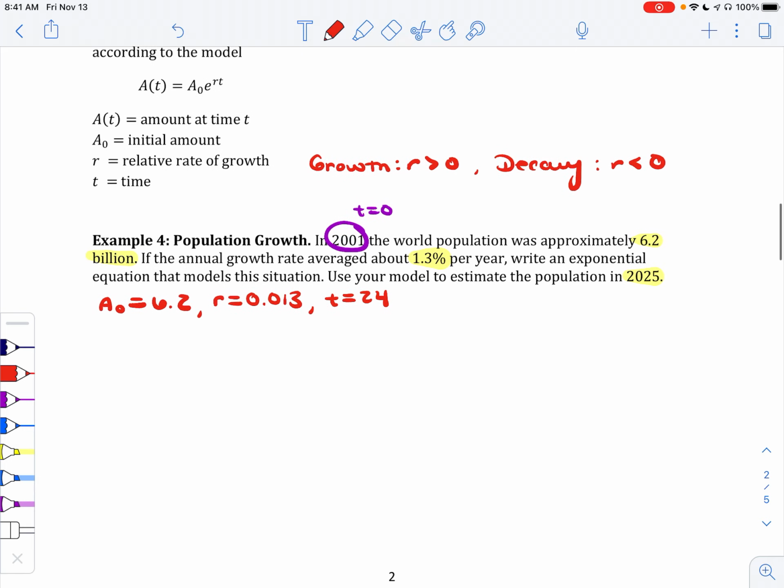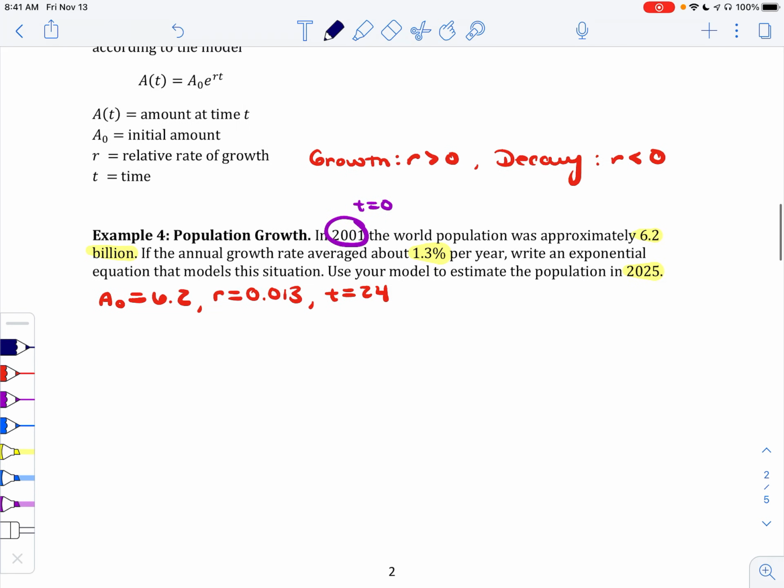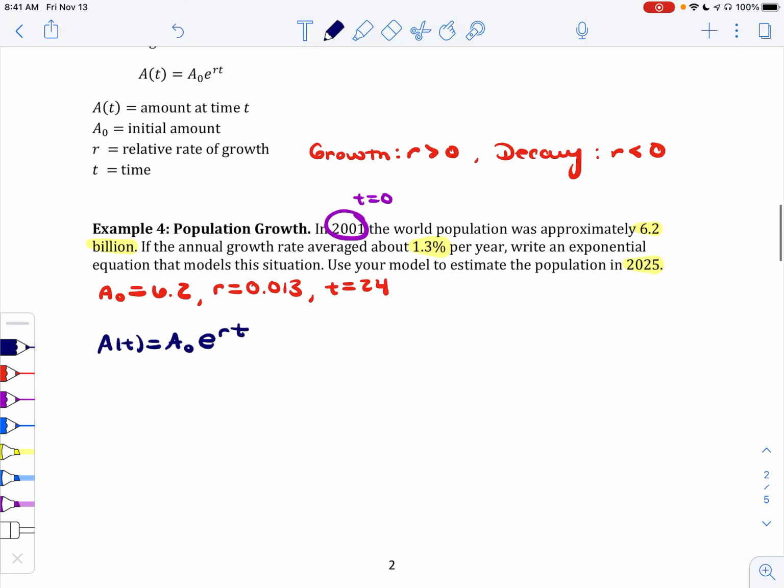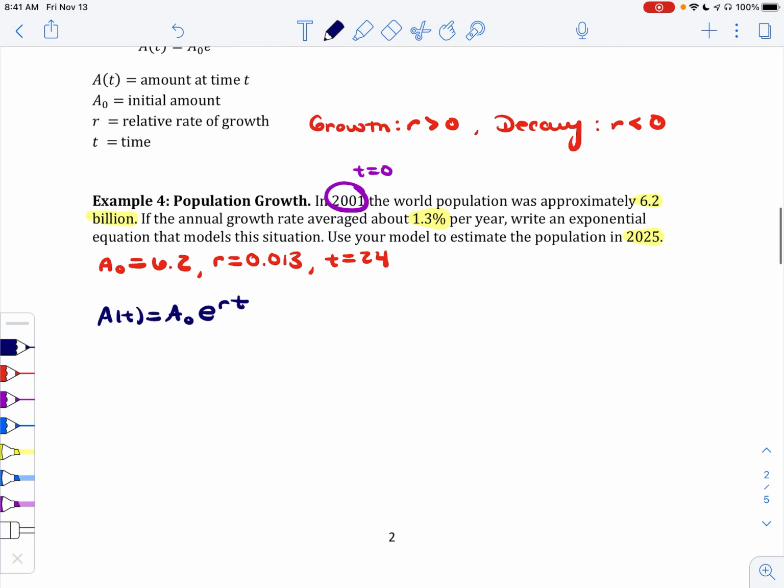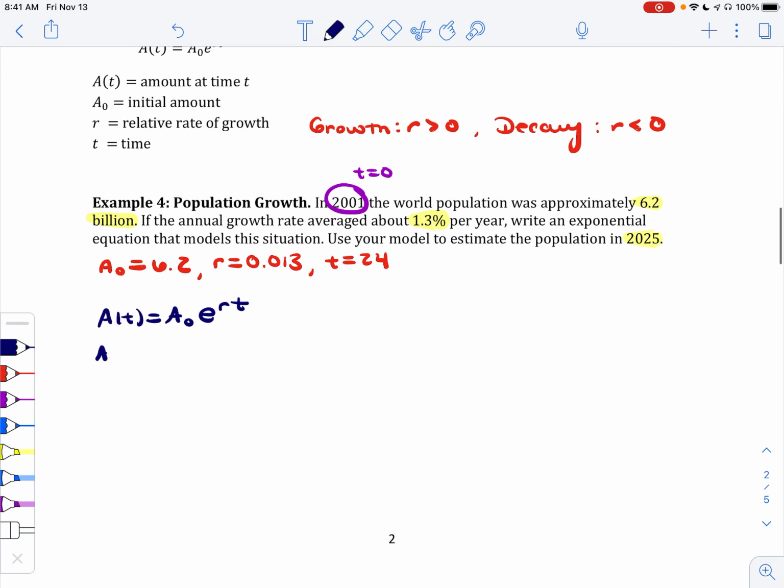Okay. So let's go ahead and build a model. This is the general format that we're fitting this to. A of t is equal to A naught times e to the power of r times t. That's our general exponential growth or decay model. So we can plug in our particular pieces.